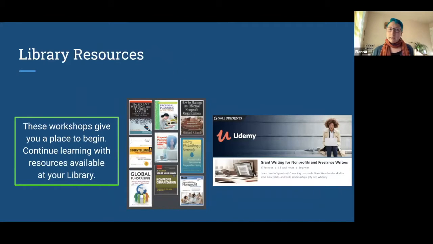Okay, and I want to remind you that there are library resources there to support you. There are numerous books that will bring you through new understandings of all of the stakeholders in the grant writing and funding process, so that you can understand philanthropy a little bit better, you can understand funders and what to expect along the process, and develop specific skills within the process. Also, Udemy is a really great resource for you.